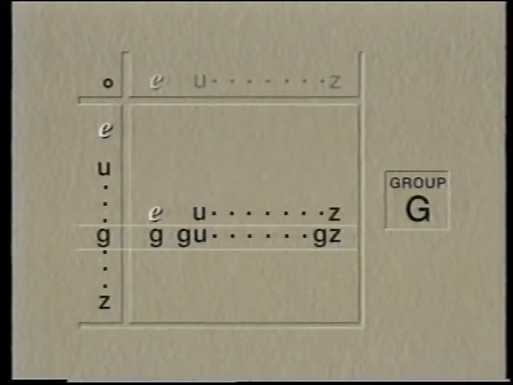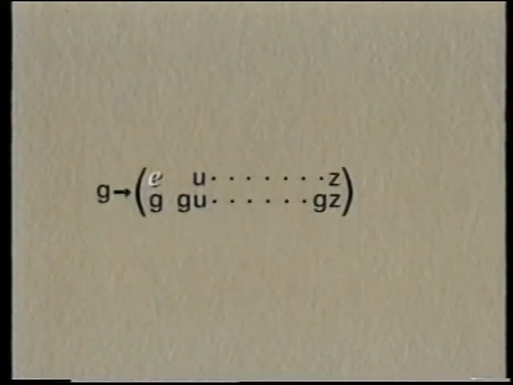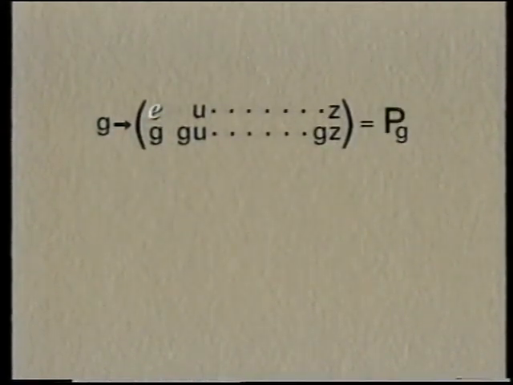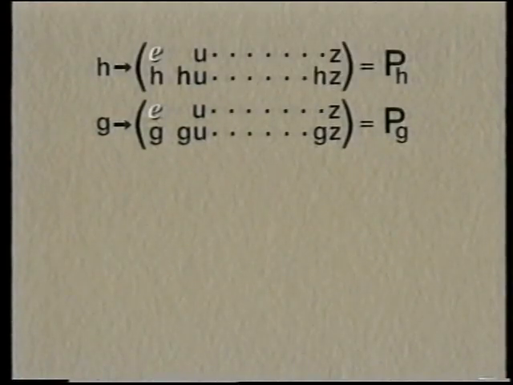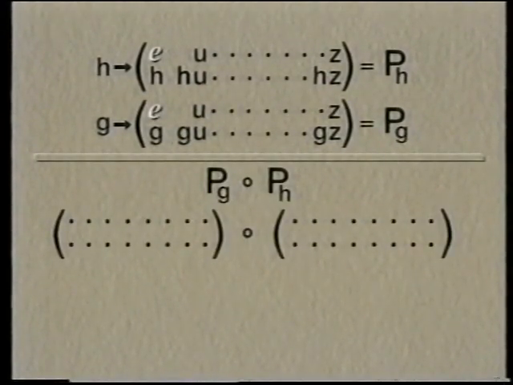So the permutation we get from little g is this one. We'll call this permutation PG. We get a unique permutation in this way for each element of the group. Now, how do these permutations combine? A general element x is mapped by pH to hx.